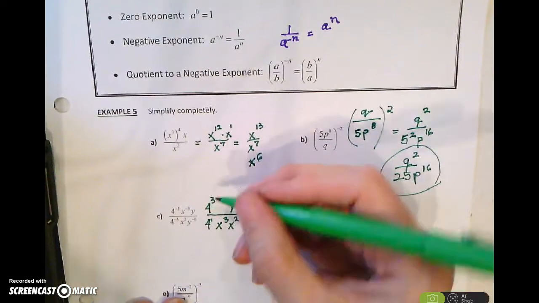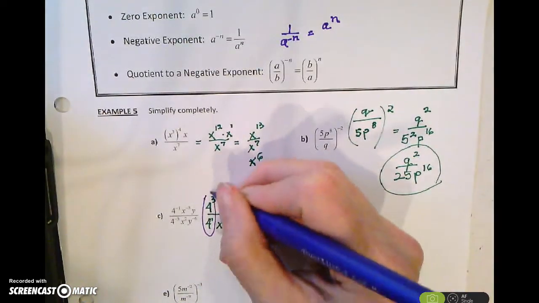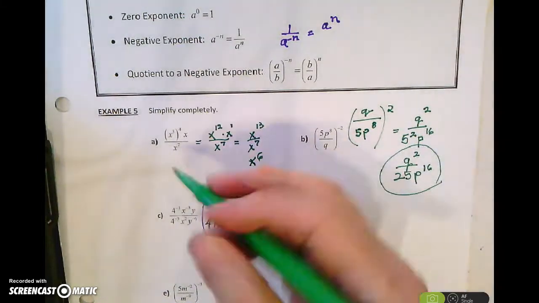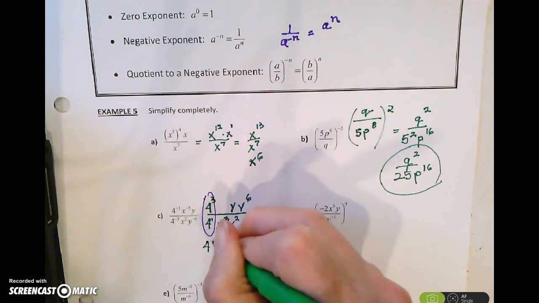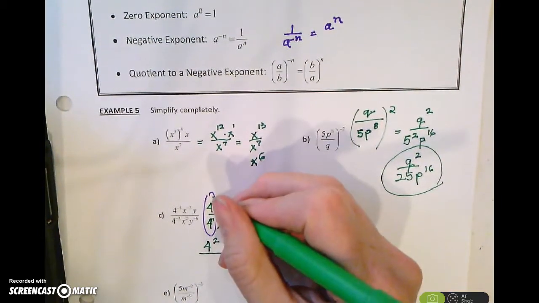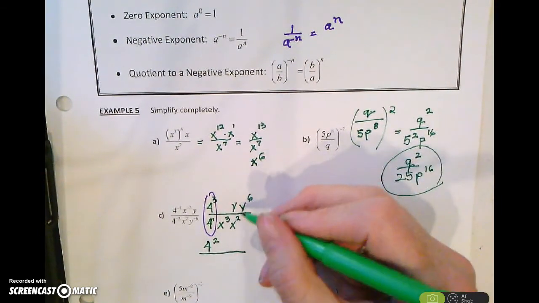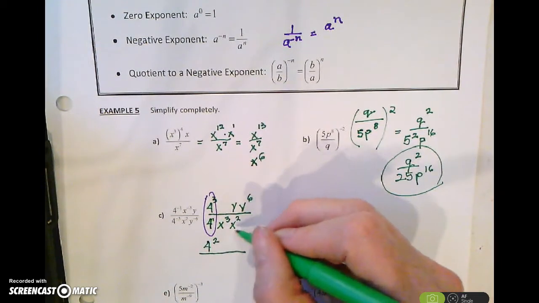So now we can combine our common bases. So here I have 4 to the 3rd over 4 to the 1, so I'm going to subtract and get 4 to the 3 minus 1, which is 4 squared. And it will move to the numerator where my heavier exponent is. My x to the 3rd times x to the 2nd, they're both in the same spot.